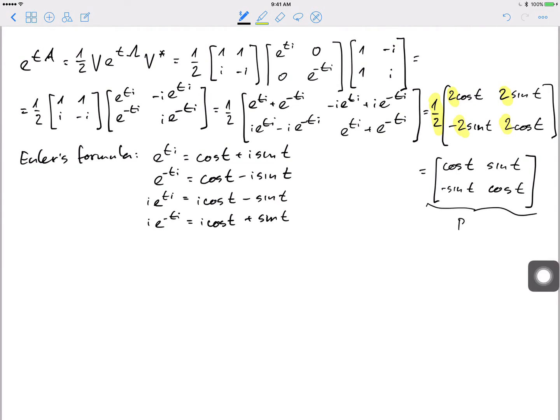That's a rotation by angle minus t, right? Because in general, you know that the rotation matrix by angle alpha is cosine of alpha, minus sine of alpha, sine of alpha, and cosine of alpha, right? So here we just plug the negative angle. That just means we are rotating clockwise as opposed to counterclockwise, which is the convention for a positive angle.